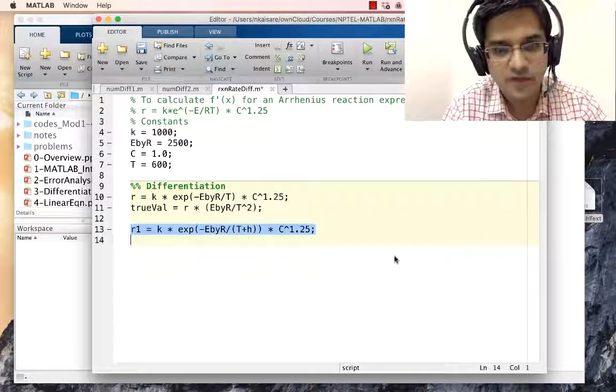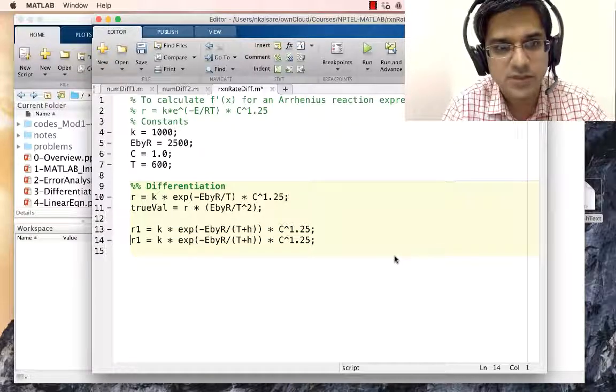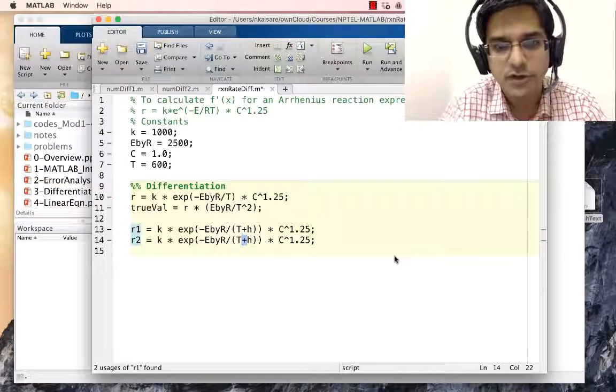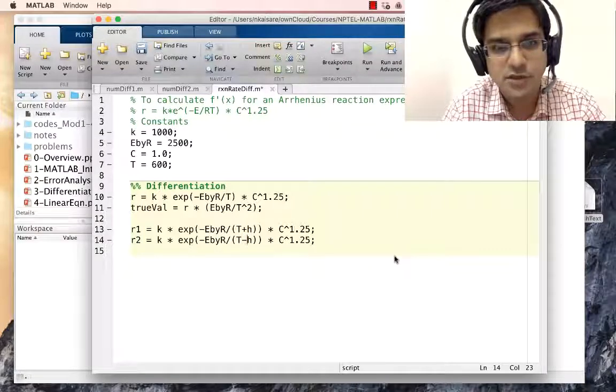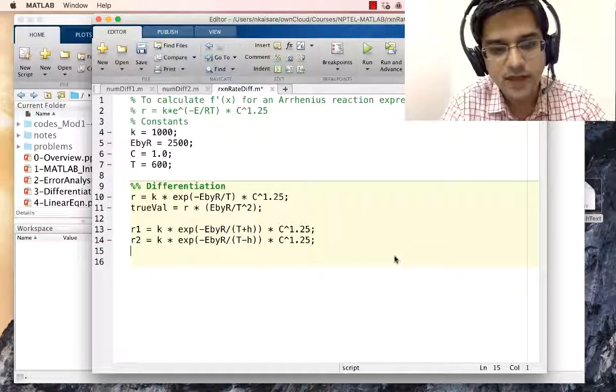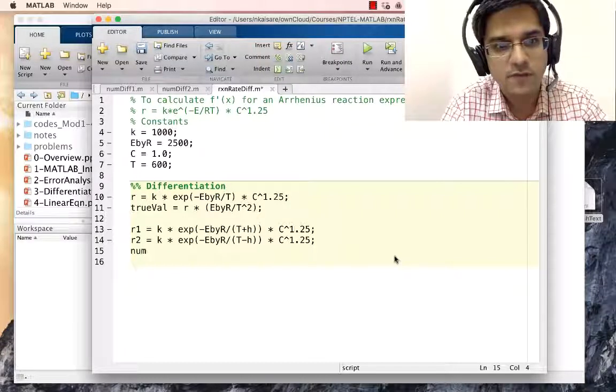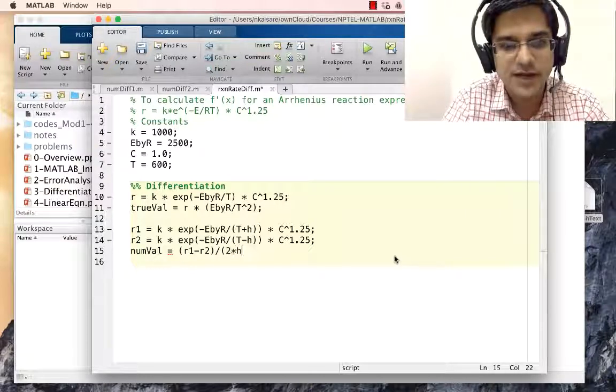Using the central difference formula, let's copy and paste this over here, and R2 is going to be this, but with T minus H. And numval is going to be equal to R1 minus R2 divided by 2 multiplied by H.